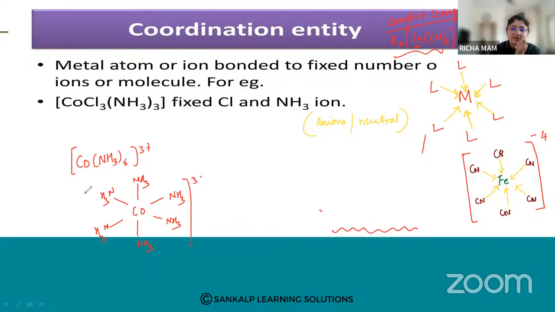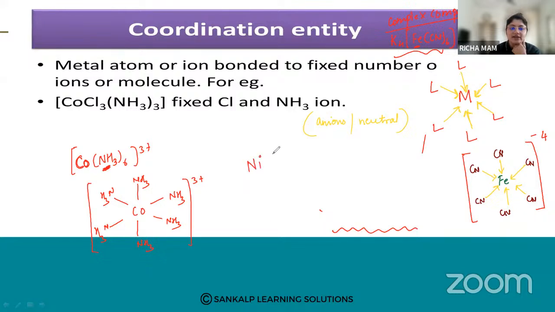This is the coordination compound that we write. Here the number of NH3 and cobalt is fixed. So how many NH3 should be linked to your cobalt? That is fixed. It forms a six coordination number only. So the compound formed with cobalt will have a coordination number of six.